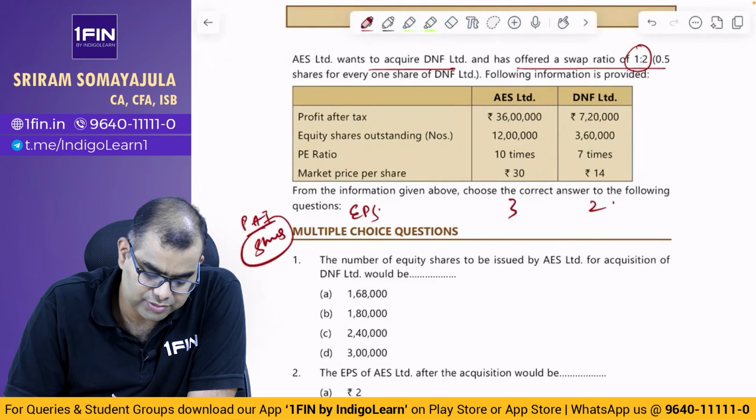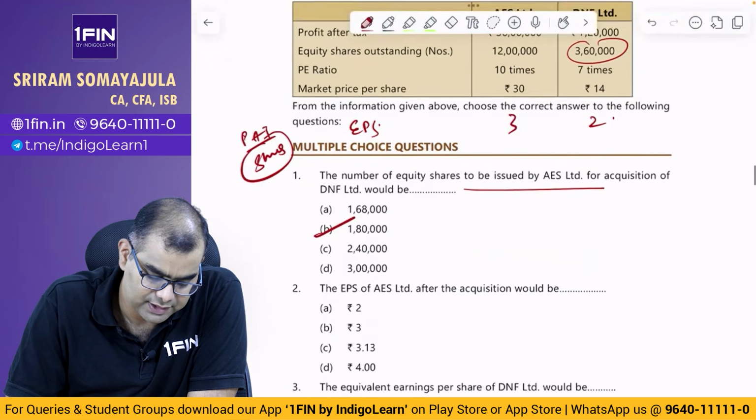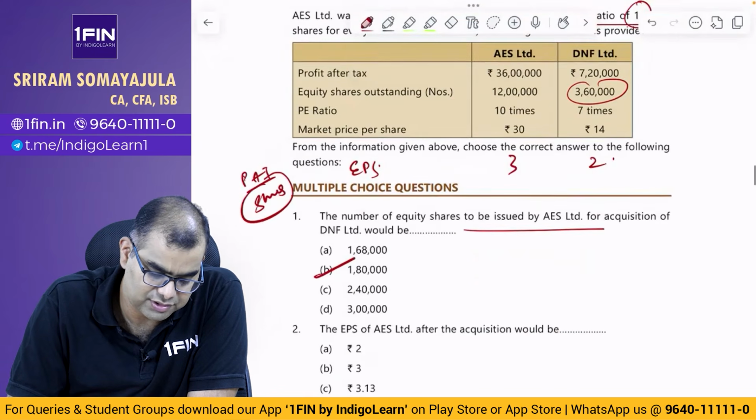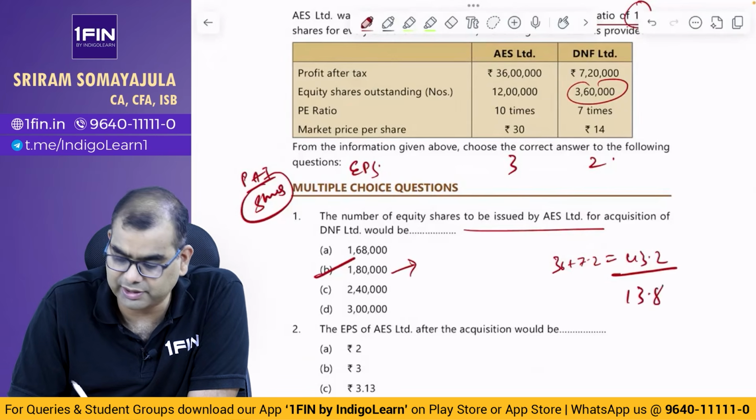Then the number of equity shares to be issued by AAES for acquisition of DNF: 0.5 shares for every 1 share of DNF. So 0.5 shares for 1, so 1,80,000. EPS after acquisition: PAT is 36 plus 7.2, which is 43.2, divided by 1.8 plus 12, that is 13.8.